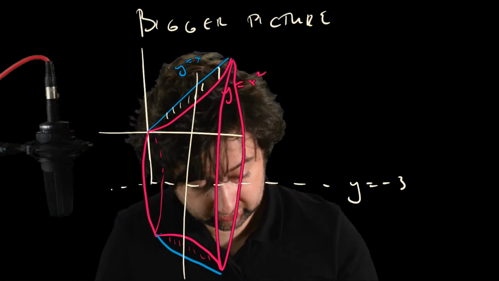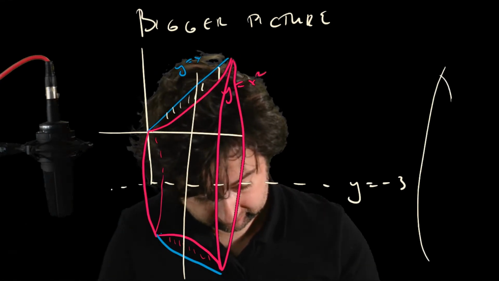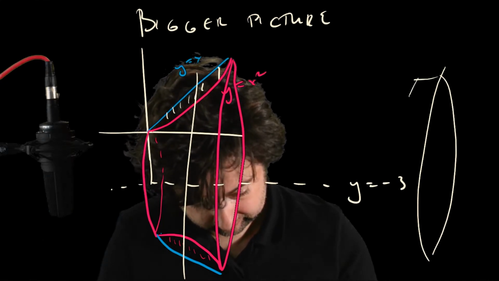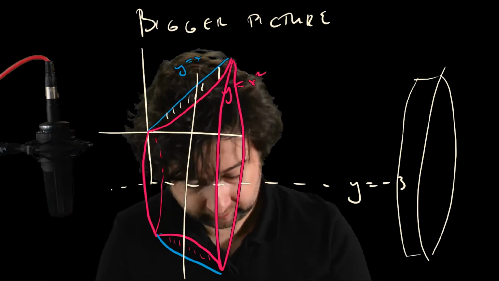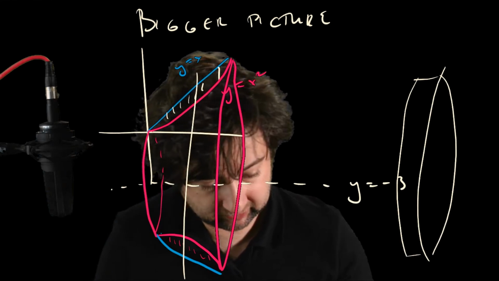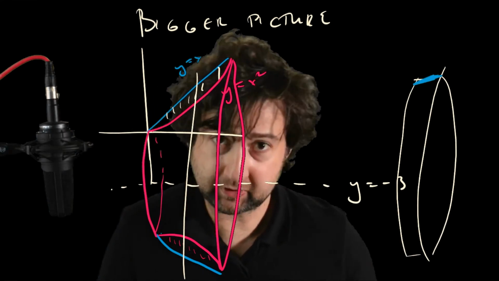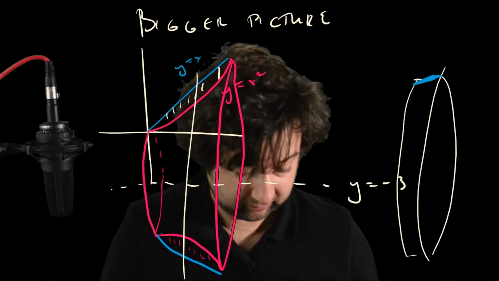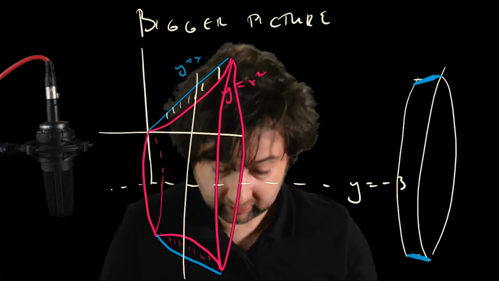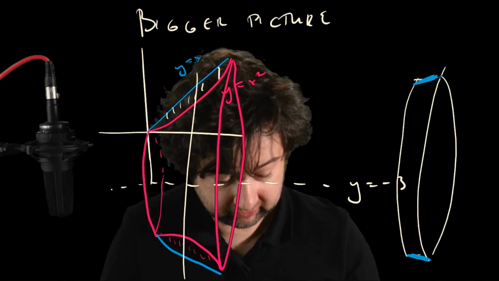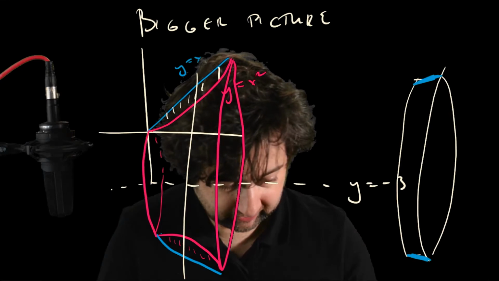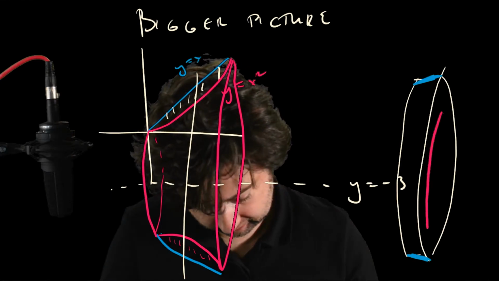Well, you're going to get a washer that looks like this. On the outside curve is going to be this blue guy up here, and the inside curve is going to be this red piece that looks like this.